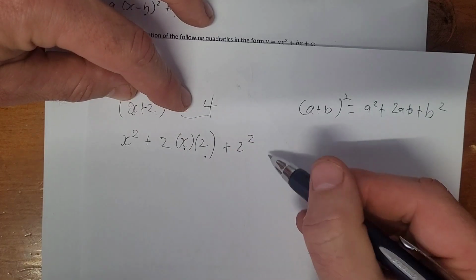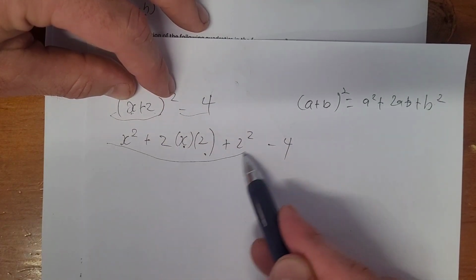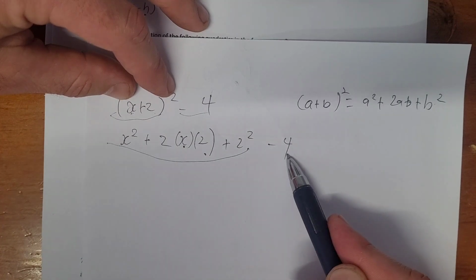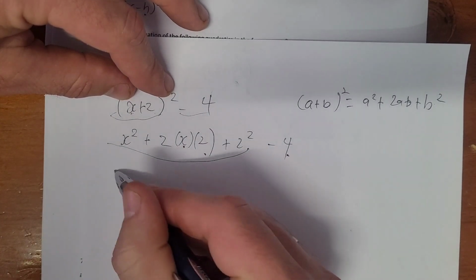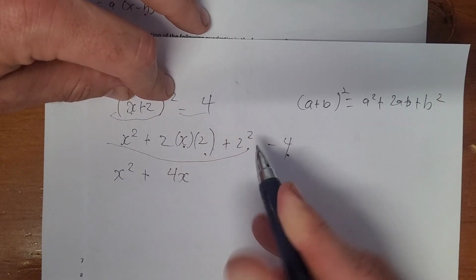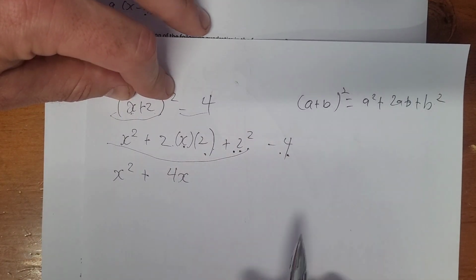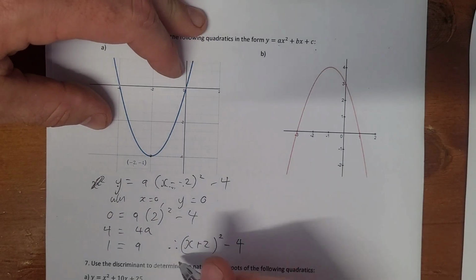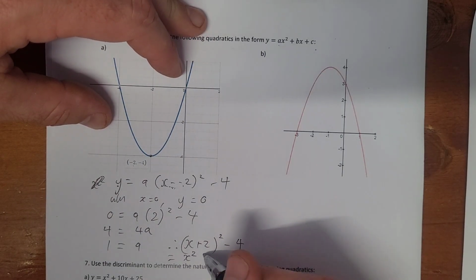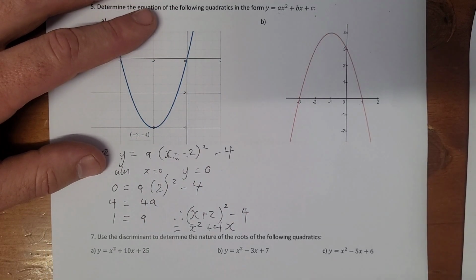And then we have this take away 4 just hanging out, right? So this part expands to here. That's the perfect square rule. And then we have take away 4. Let's simplify it. x squared plus 2 times x times 2, that's 4x. And then we have 4, take 4. Well, they're just going to cancel one another, aren't they? So this quadratic is x squared plus 4x. Okay, so those are the multiple ways of presenting it.